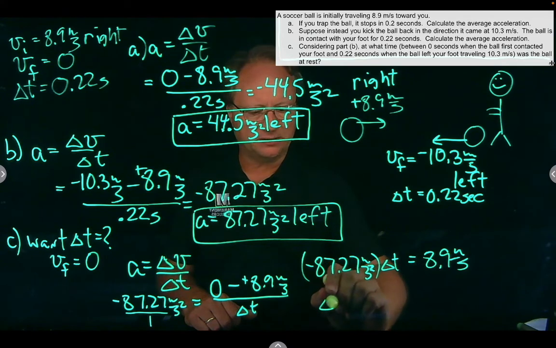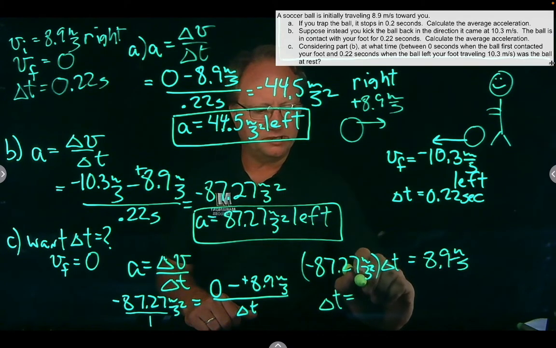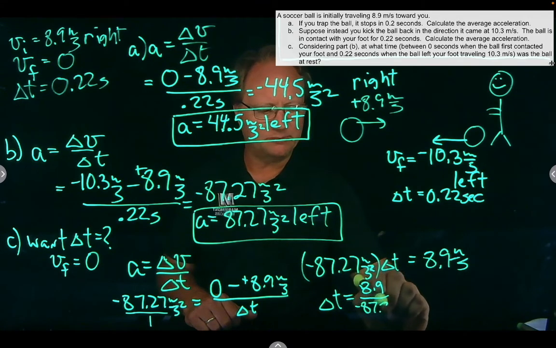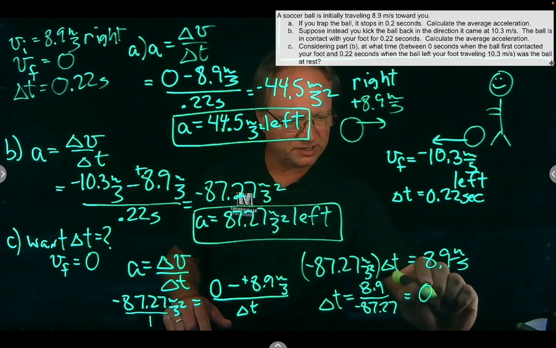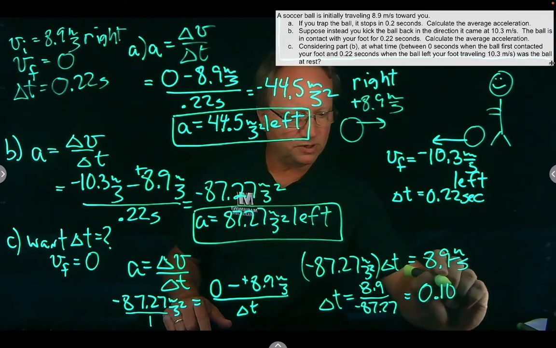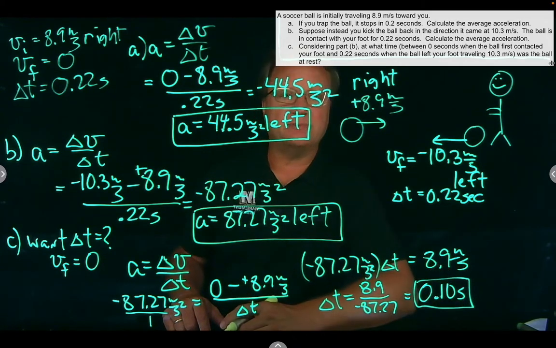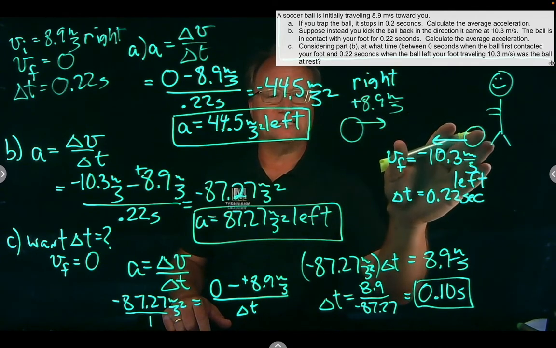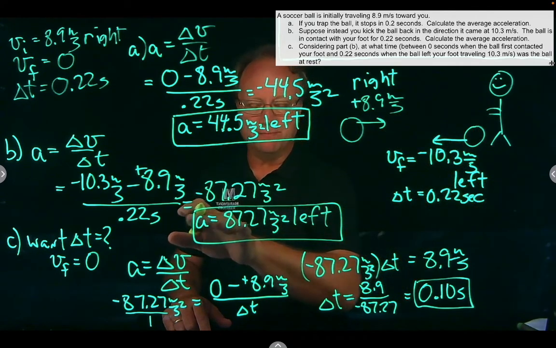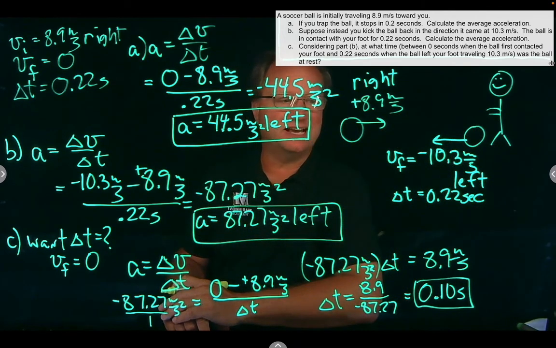So then delta t will be 8.9 divided by the negative 87.27, which is going to give us a time period of 0.10 seconds. That's how much time has passed from the beginning until the ball has stopped in the midst of being kicked to the left at 10.3 meters per second.